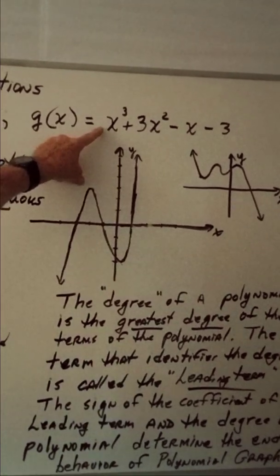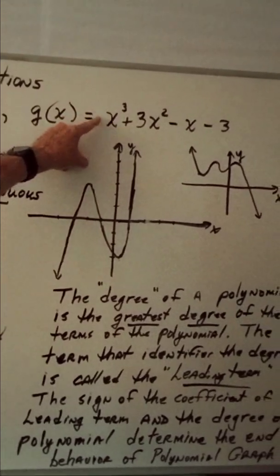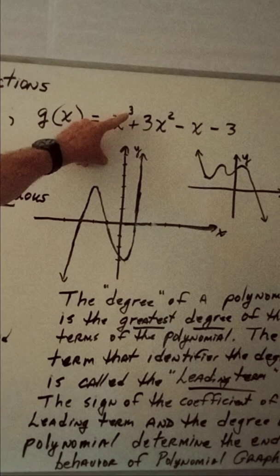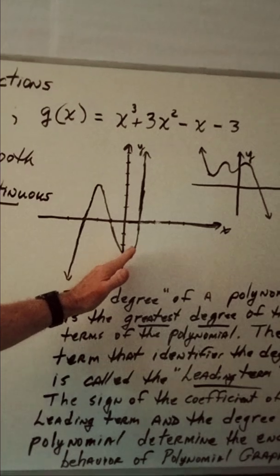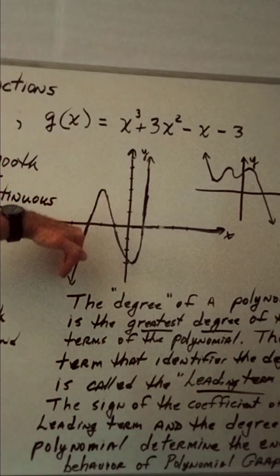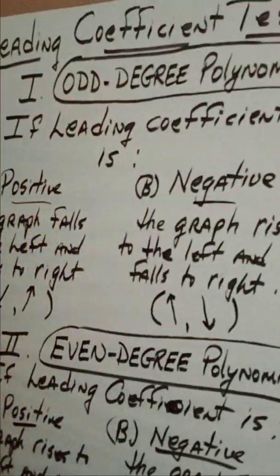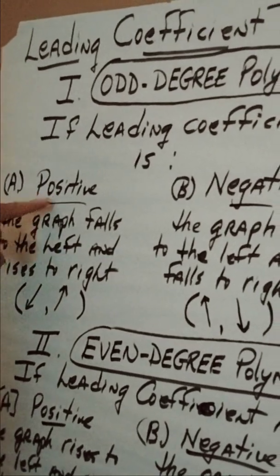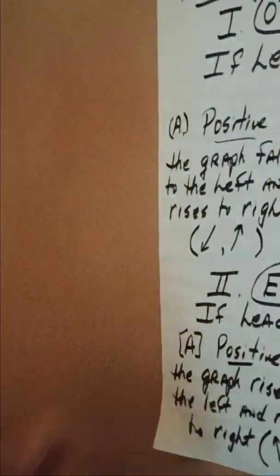And the coefficient of the lead term is positive. If the lead term is positive and the degree of the polynomial is odd, the graph will rise to the right and fall to the left. And that is exactly what this says. If it's an odd degree polynomial and the leading coefficient is positive, the graph will fall to the left, and it will rise to the right.